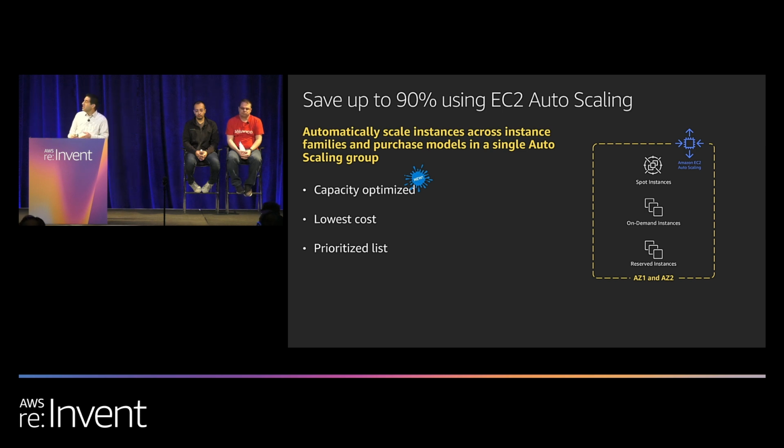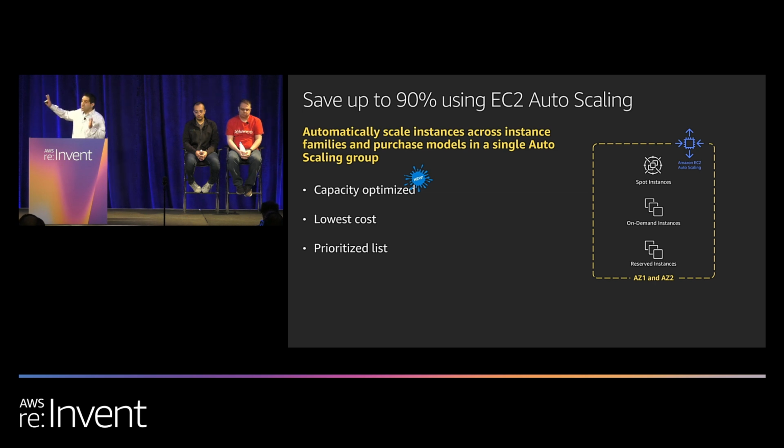EC2 Autoscaling. We want to make Spot as easy to use in your environment, and we've done this by integrating Spot more tightly into EC2 Autoscaling. So we've done a couple of things. We've allowed customers to provide multiple instance types in an EC2 Autoscaling group. We've also provided a new allocation strategy called Capacity Optimized that tells the Autoscaling group to go find the most available Spot instances within the Autoscaling group.